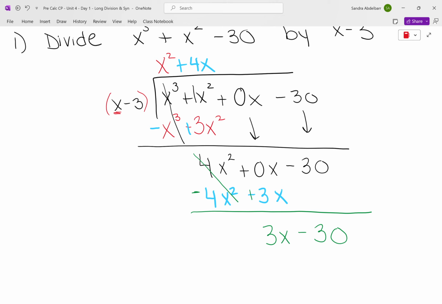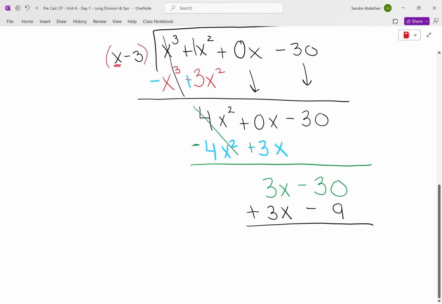So now we're going to have x times what is 3x? x times 3 is 3x, so we're going to do a plus 3 up here. 3 times x is 3x. 3 times a negative 3 is a negative 9. Oh, sorry, we're not adding. All right, now again, because we're subtracting, we need to change all the signs.